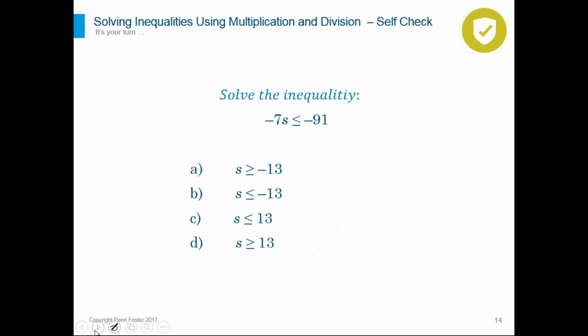Okay, let's do one self-check question. Negative 7s is less than or equal to negative 91. What is the set of solutions for s?